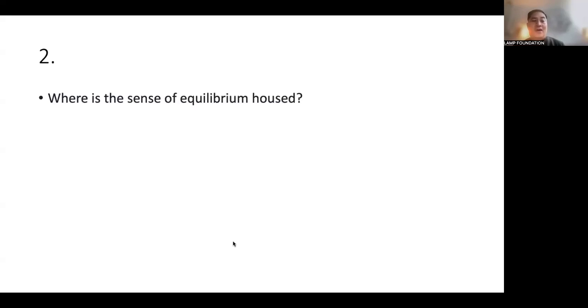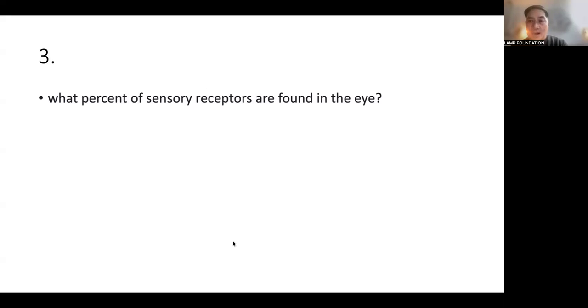Where is the sense of equilibrium housed? The ear. What percent of sensory receptors are found in the eye? 70.